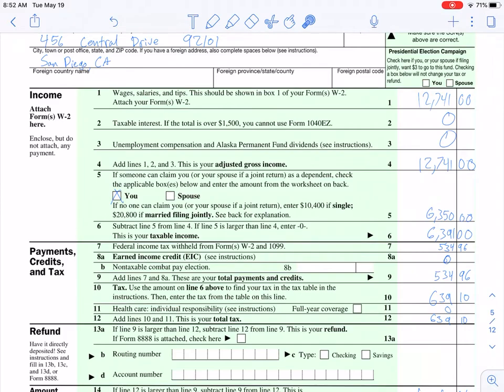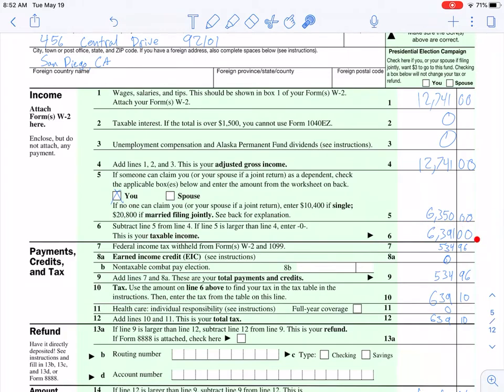Okay? So line 6, subtract line 5 from line 4. If line 5 is larger than line 4, enter 0. This is your taxable income. So here's line 5. We subtract it from line 4. So 12,741 minus 6,350, and that leaves us with $6,391.